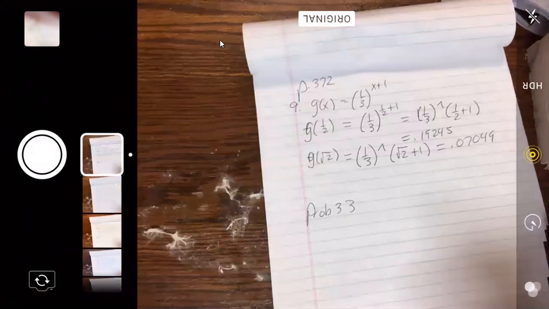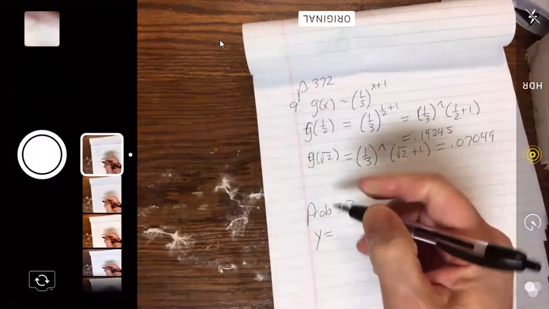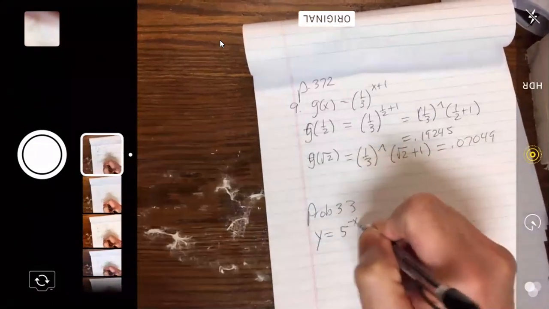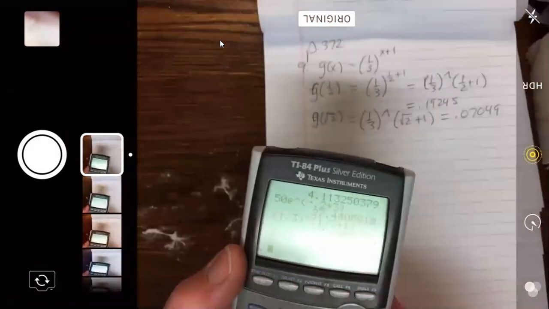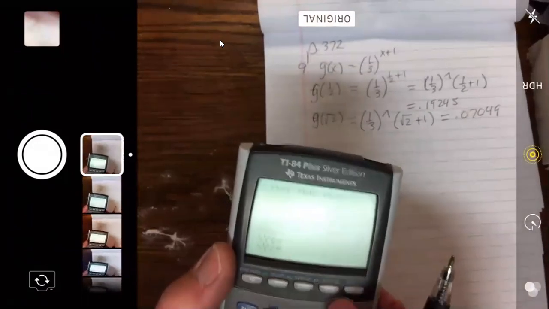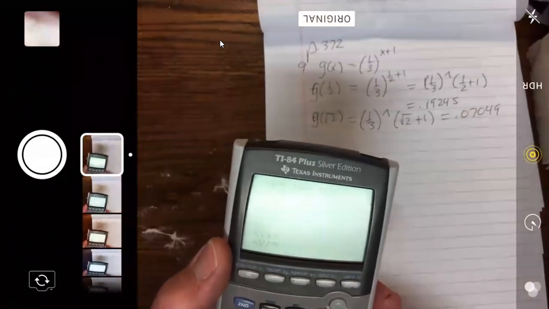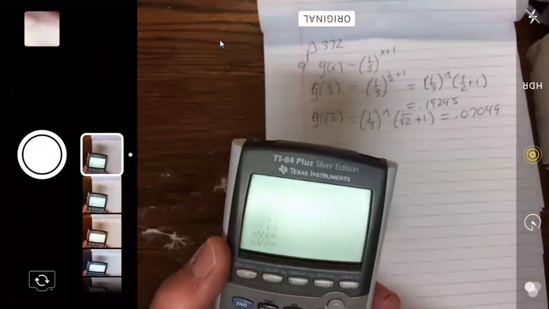Y is equal to 5 to the negative x, add 1. Don't need any parentheses.